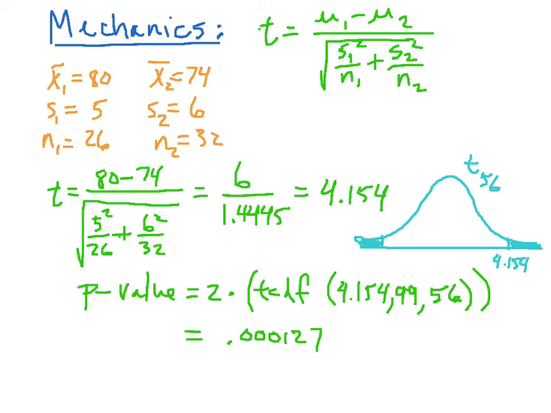So we're going to add those two areas together. And so when we do that, we end up with a p-value of 0.00012. So it's T-CDF, T-critical, going up to 99, and then degrees of freedom, and we're going to just times it by 2.